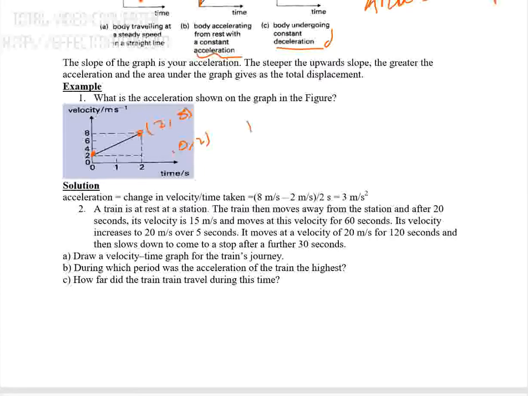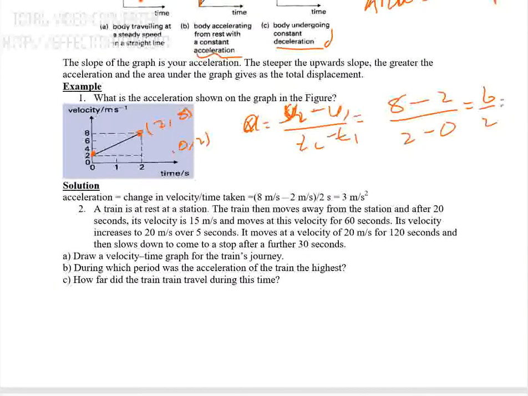Therefore, acceleration is equal to V2 minus V1 over T2 minus T1. This is equal to 8 minus 2 divided by 2 minus 0. And finally, 6 over 2, this becomes 3 meters per second squared, which is the answer.